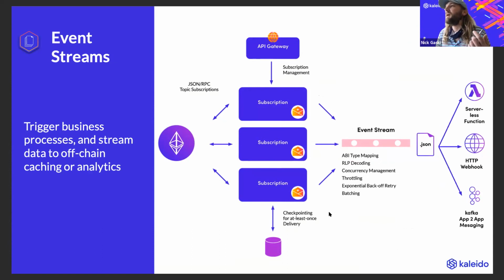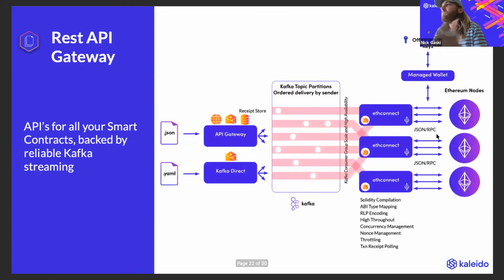You tell Kaleido, hey, I care about the state changes for these methods and these event signatures, and we'll give you those events to an API gateway, any endpoint of your choosing. And now your dApps are updated in real time. You can have those events sent into your back office systems, and you can immediately react to them and trigger downstream processes. So these two pieces, if you marry them together, get you really far down the road when you're building an application.